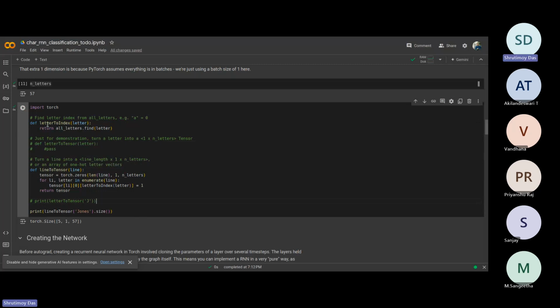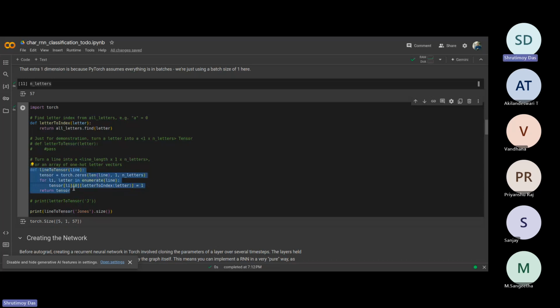It will find all the letters and the numbers for them, and given this input line, it will first make a vector of all zeros, and then the index for the specific letter will be marked as one, and then we are converting it to a tensor.